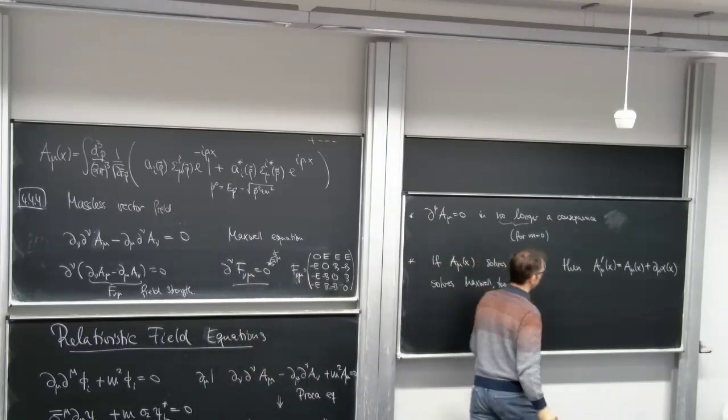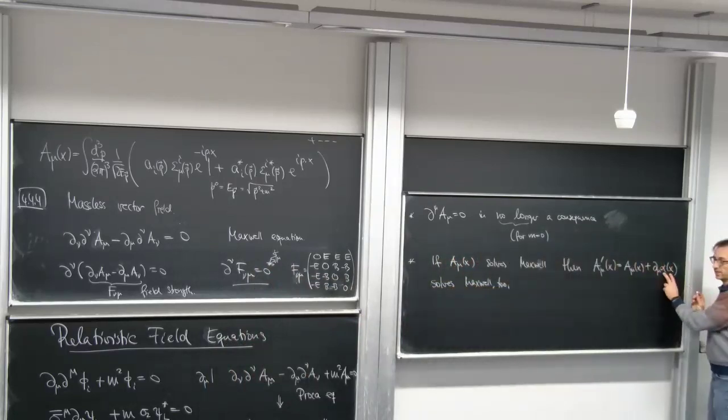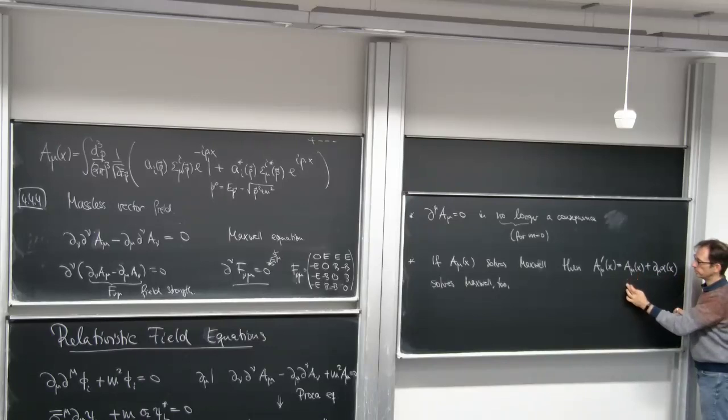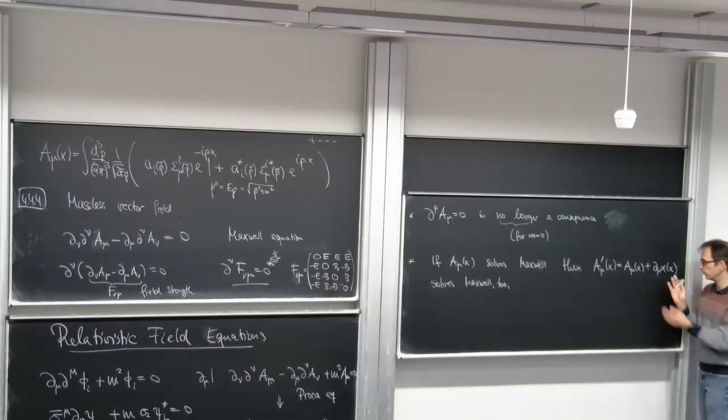So you pick anything you want, any complicated function of space and time. You can't pick 4 so that you change every one of the 4 components individually. You have to pick one function, take the derivative so that you have 4 gradients of this one function, and then you add this to the 4 components here.